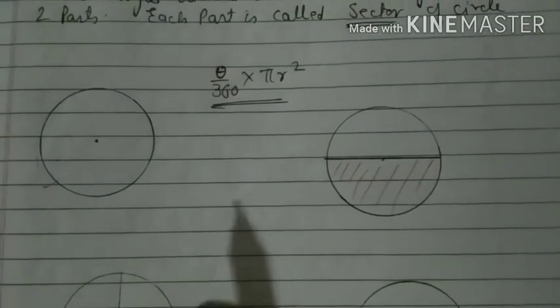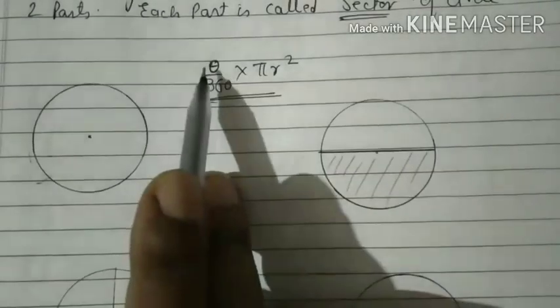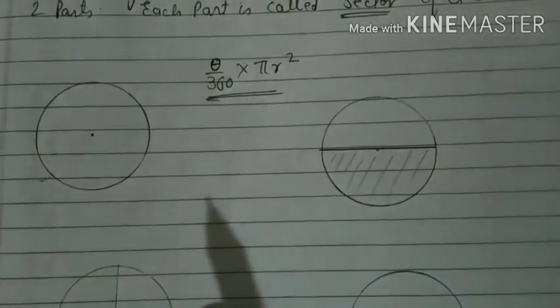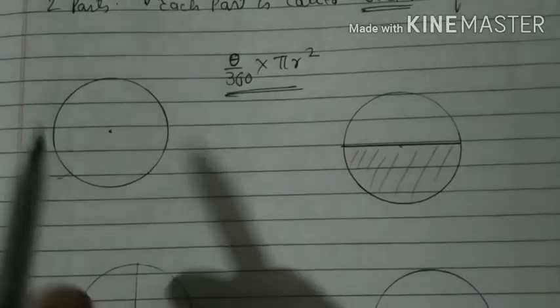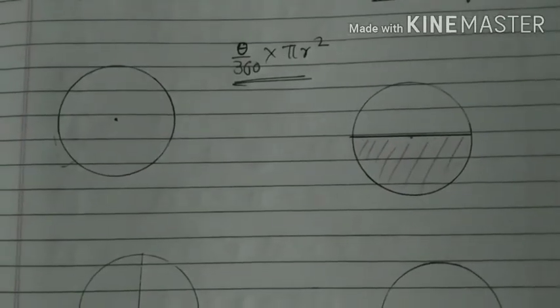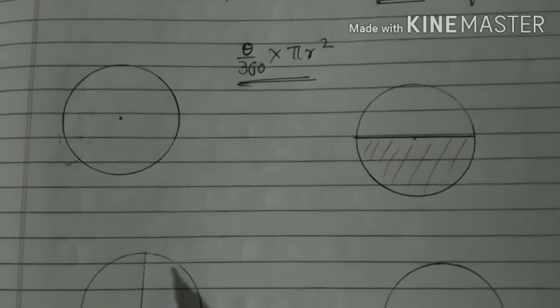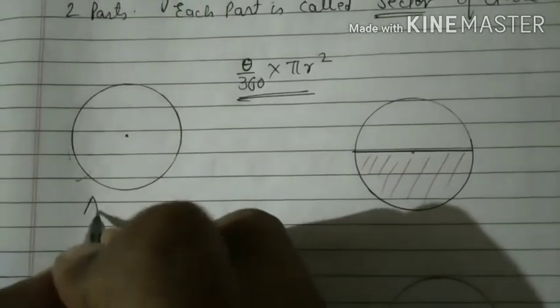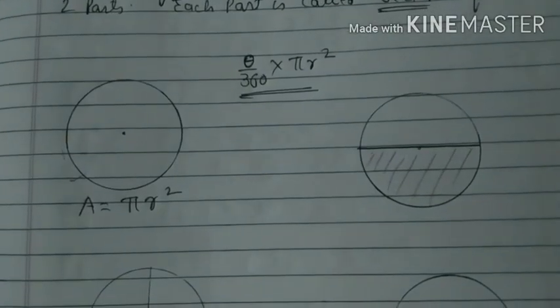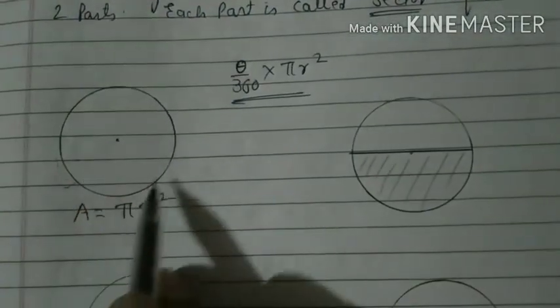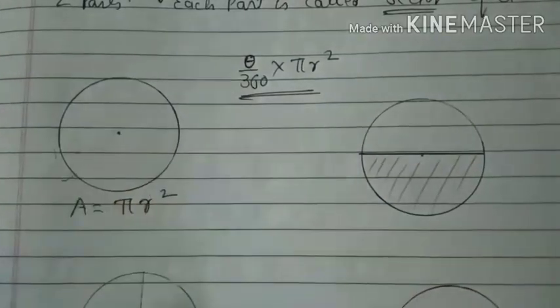Now the formula to find the area of a sector is theta upon 360 into pi r square. Let me explain with the help of a diagram. This is a full circle. To find the area of a circle, we need the radius. The formula is area of circle is pi r square. The measure of the full part is 360.